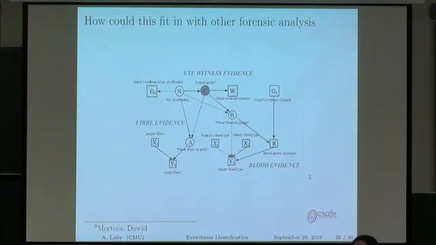So how could this fit in with other forensic analysis? You might recognize this graph from way back on Monday, Phil David's talk. We had some fiber evidence, some blood evidence, and some eyewitness evidence. And this is a Bayes net, so we all know what it is. I think this experimental work goes in with the eyewitness evidence, but what's included so far is the eyewitness testimony.